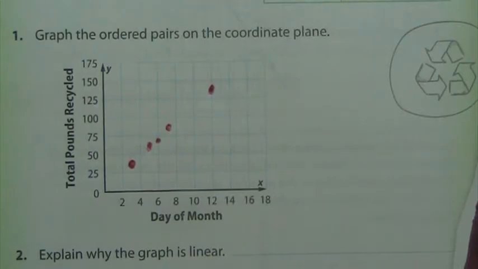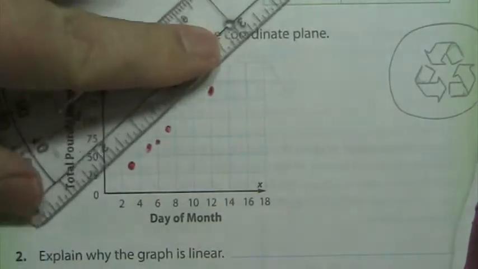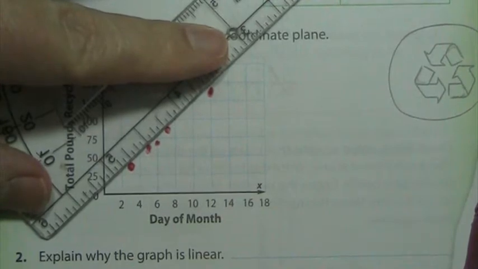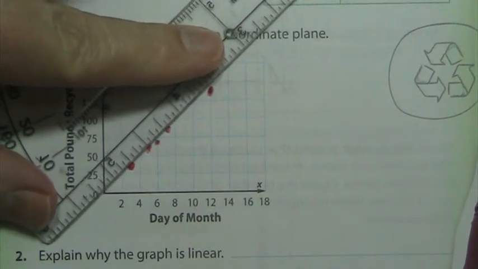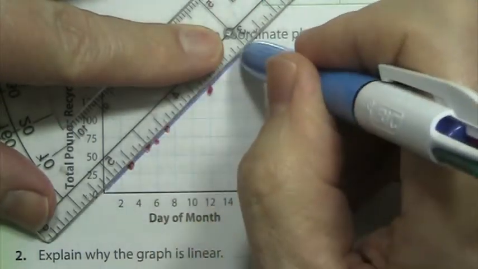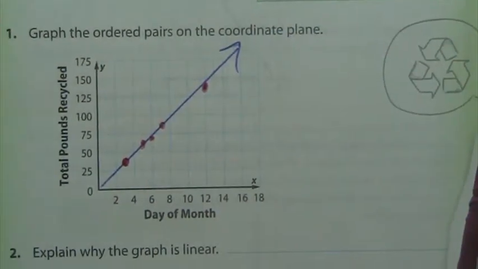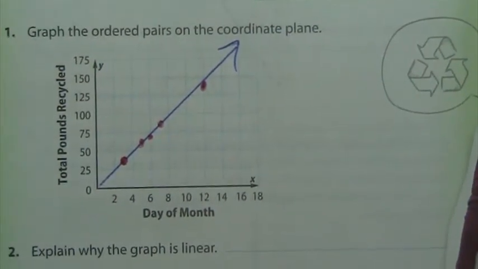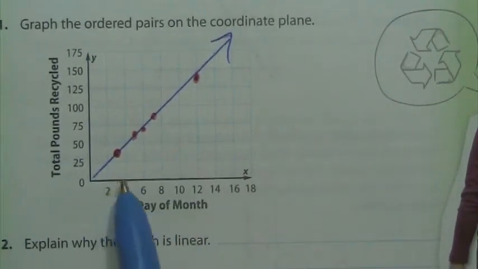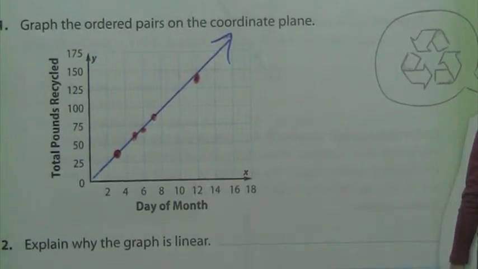I'm going to draw a straight line through it. So roughly, that's what it looks like. And boy, yeah, it's very hard to tell when the grid is not lined up like you like, the numbers. It's very hard to graph it.